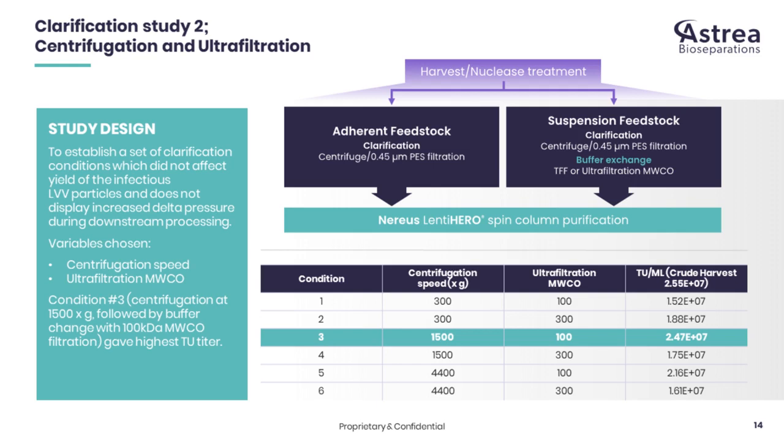Condition 3, which is centrifugal speed at 1500 G, followed by buffer exchange with 100 kilodalton filtration, gave the highest TU titer compared to the other conditions. It showed only minimal loss of infectious particles from the crude harvest.